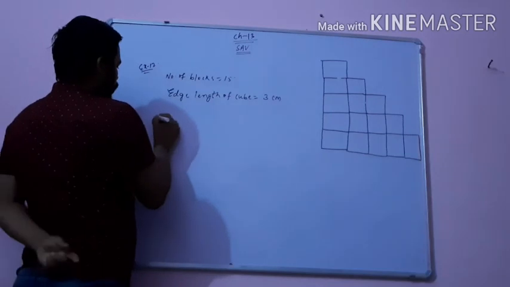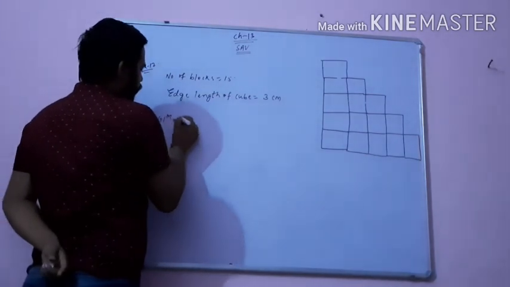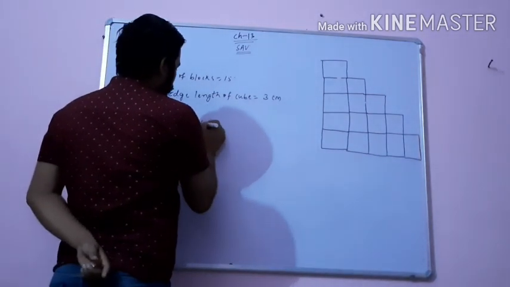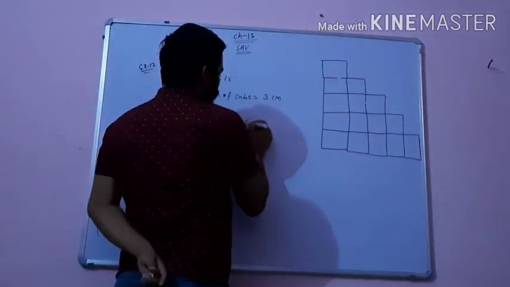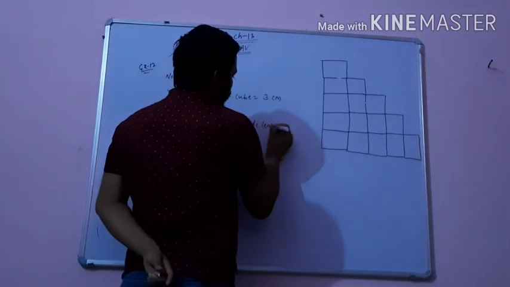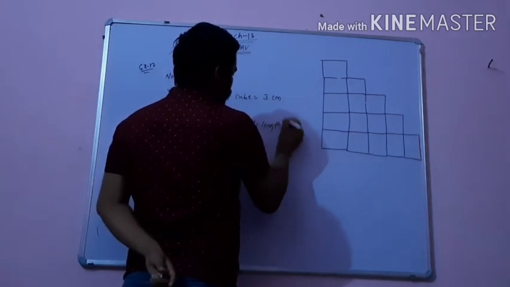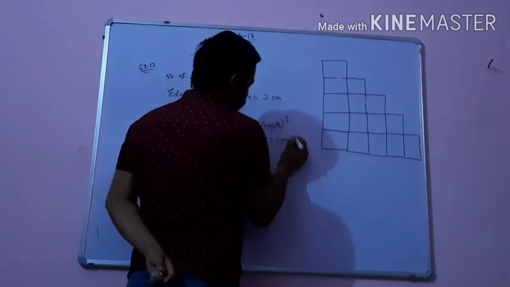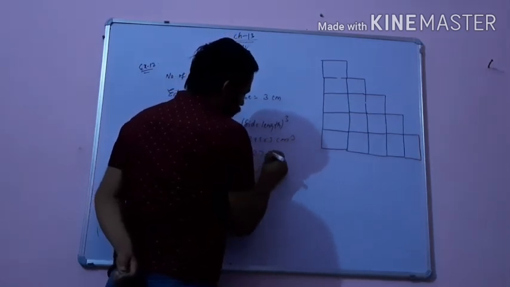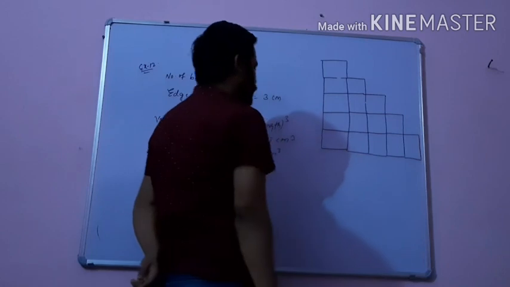First of all, the volume of 1 cube box equals side length cubed, that is 3 into 3 into 3 centimeter cube, that is 27 centimeter cube.